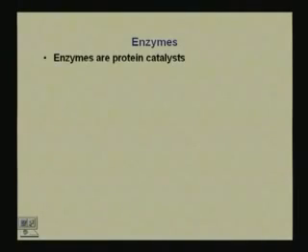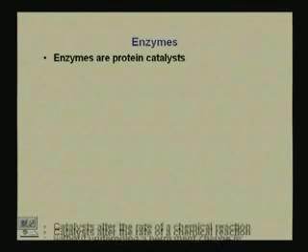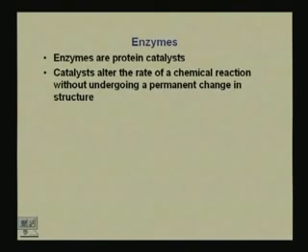Okay, so basically all enzymes are protein catalysts. Okay, they're protein catalysts in that they are catalytic in nature, but they are proteins. Okay, and you know about catalysts. What do they do?